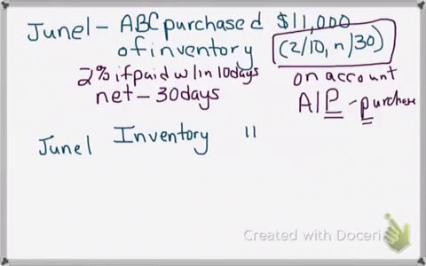So we would have inventory for $11,000 as our debit. Then we would have our accounts payable, which is a liability. We increase liabilities on the right side, so that's the credit side. So it would be a credit for the $11,000, and this would be the actual journal entry that you have to be able to do for these particular entries.